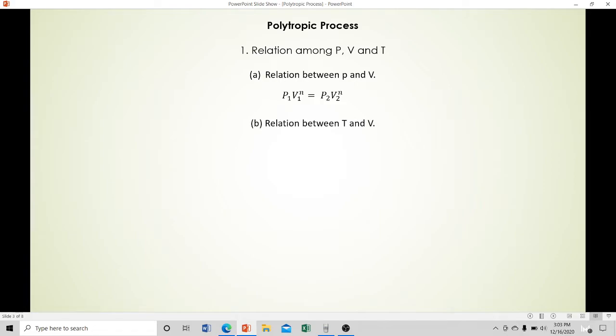In the relation between T and V, we have T2 over T1 equals V1 over V2 raised to n minus 1. And for the relation between T and P, we have T2 over T1 equals P2 over P1 raised to n minus 1 over n. We derived these equations in a previous discussion, so we will not derive them again.